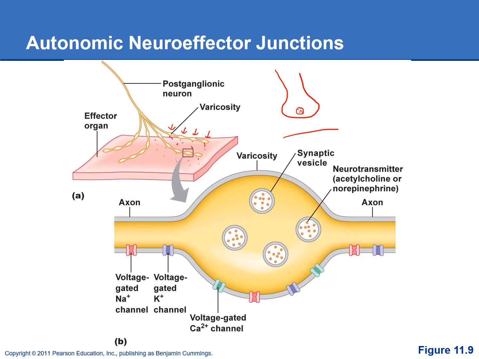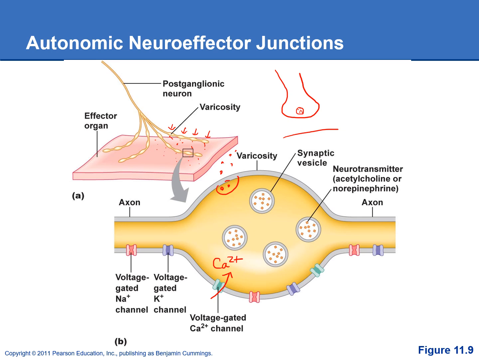And calcium will rush into the varicosity, and that'll trigger the exocytosis of the neurotransmitter from these vesicles. So we'll release the neurotransmitter from the varicosity and onto the effector organ.